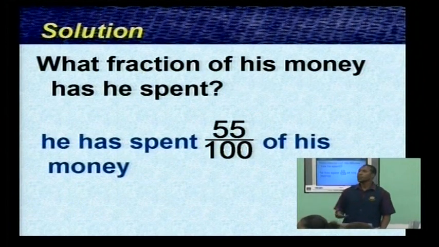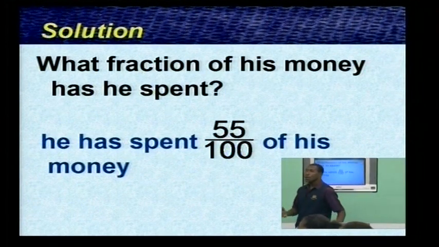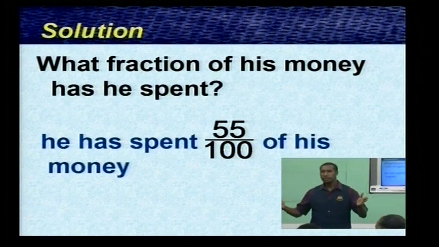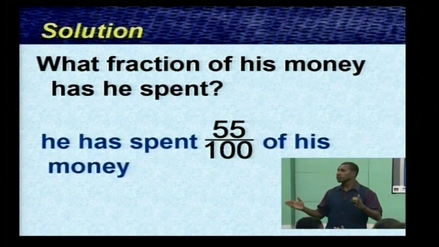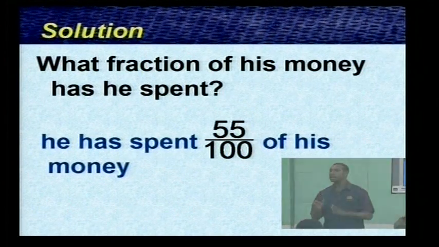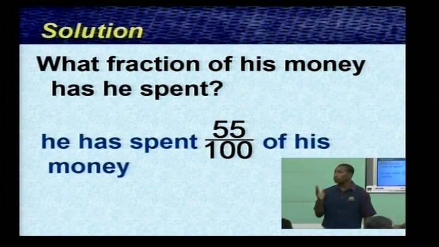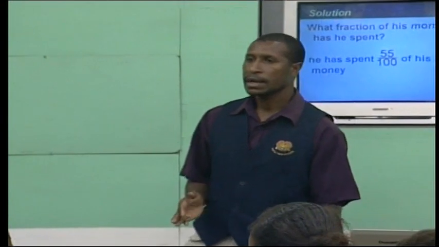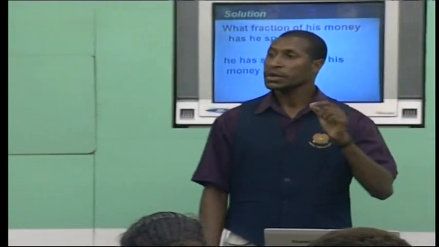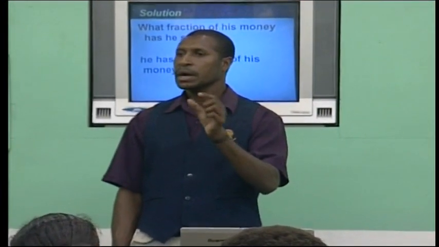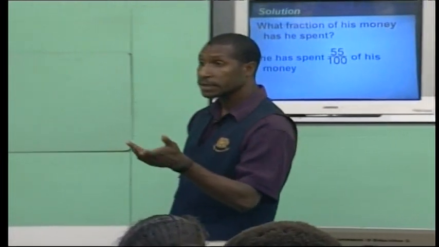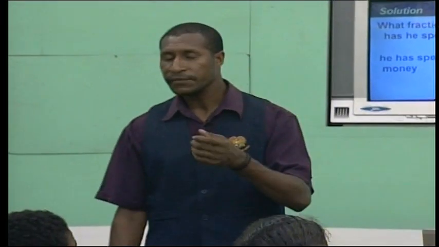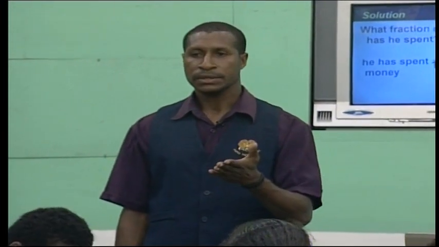Now when you are dealing with money, and you want to find out what fraction of an amount of money, or it can be measurement, length, or whatever, you need to change the units to the same unit. Like 1 kina. We are trying to find how much of 1 kina he spent to buy the 55 toya biscuit.